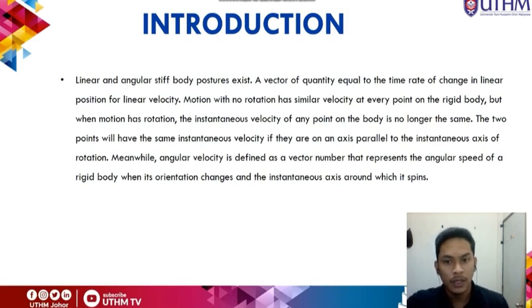The body points will have the same instantaneous velocity if they are on an axis parallel to the instantaneous axis of rotation. Meanwhile, angular velocity is defined as a vector quantity that represents the angular speed of a rigid body when its orientation changes and the instantaneous axis around which it spins.